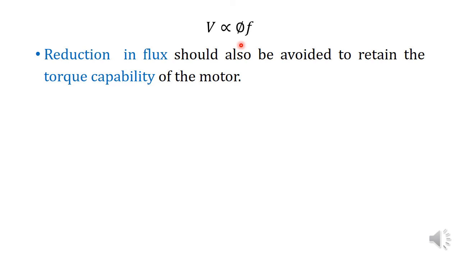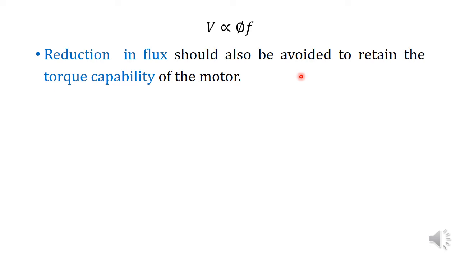If the flux reduces below the rated value, then the torque capability of the machine will reduce. So this is also a drawback. So these are the two possibilities of stator frequency control.